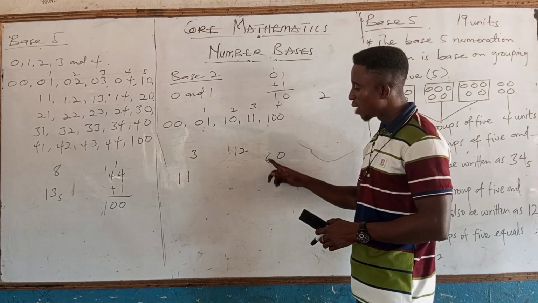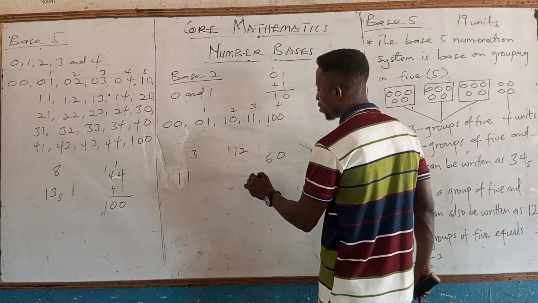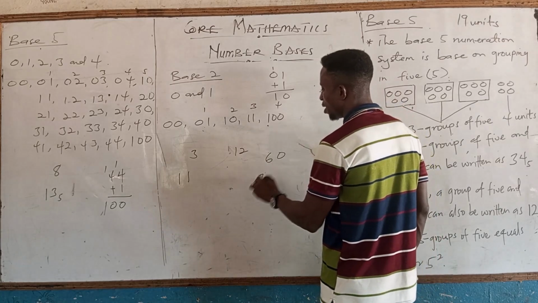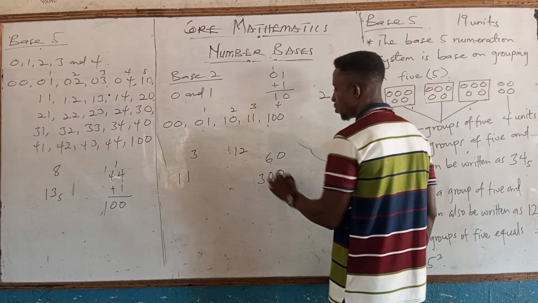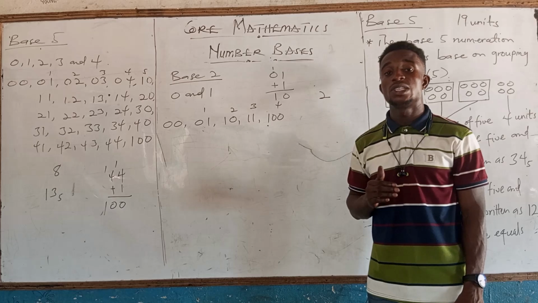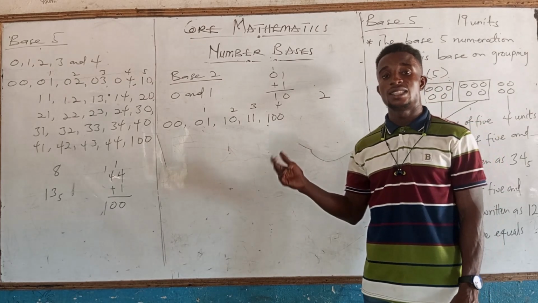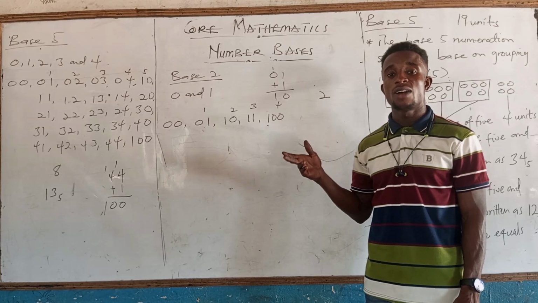So I can have 3 and what is left here is 0, 0. So we will surely get it. But the only thing I wanted you to get is that whenever we are adding, that is how it is done. Are we getting that? That is how it is done.